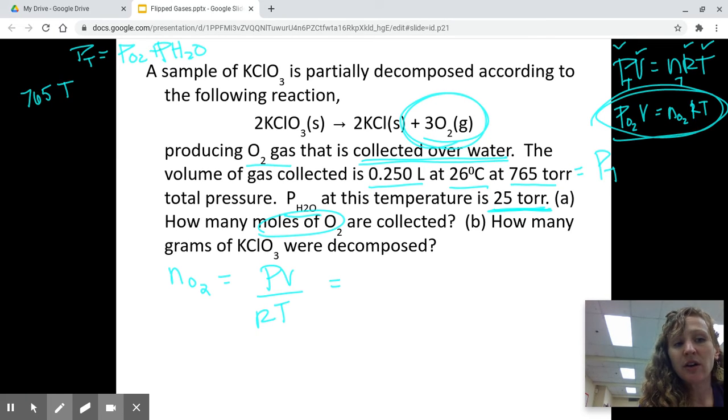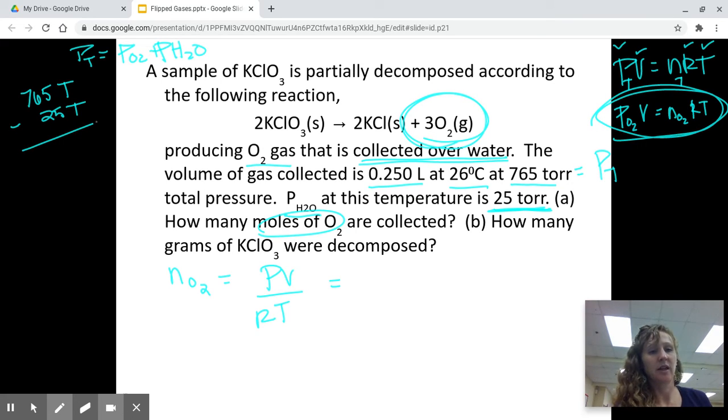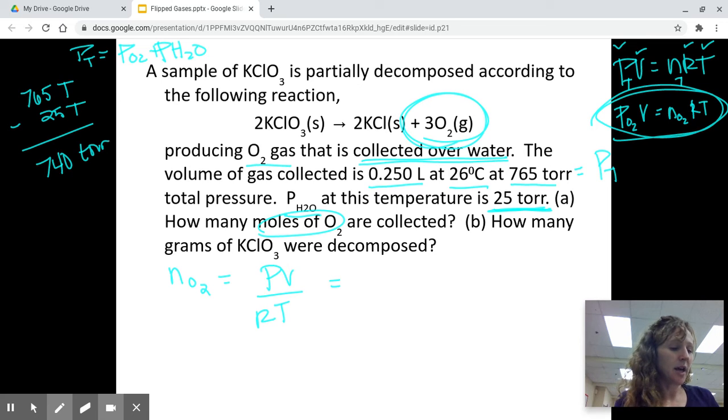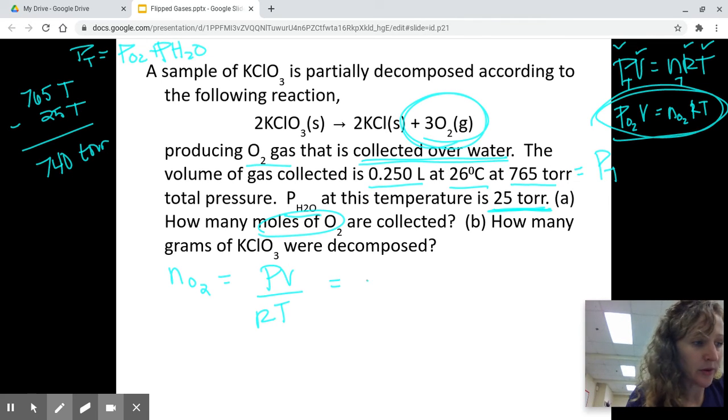Okay, so if we take the pressure total and we subtract off the pressure of water, it's going to give us pressure of oxygen, 740 torr. All right, I'm going to convert that into atmospheres, divided by 760. So 0.973, oh boy, 68, let's stop there.